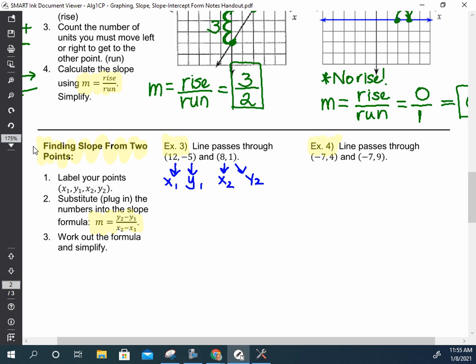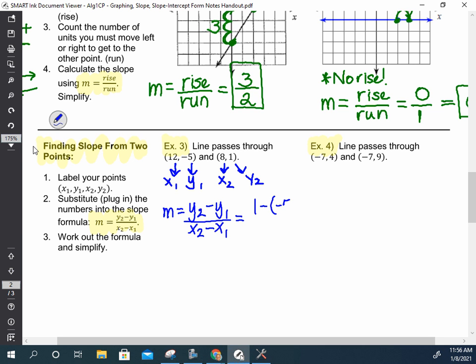But now let's do some work with it. We have the slope formula. Y2 minus Y1 over X2 minus X1. So Y2 is 1, and Y1 is -5.